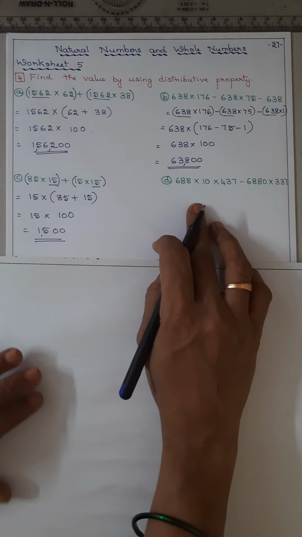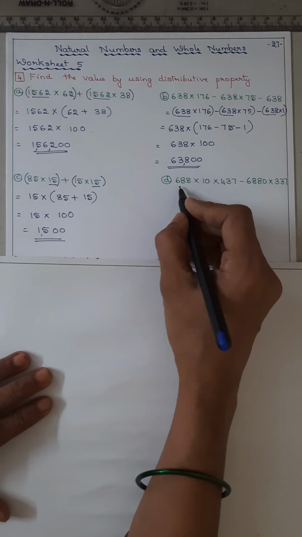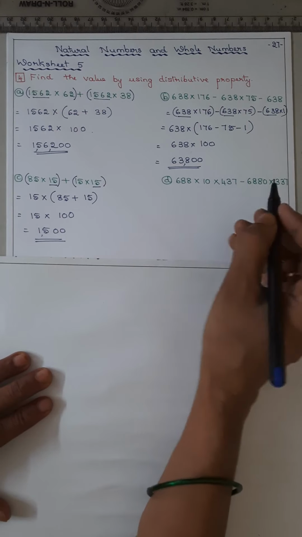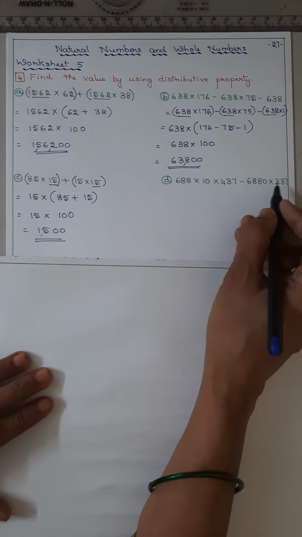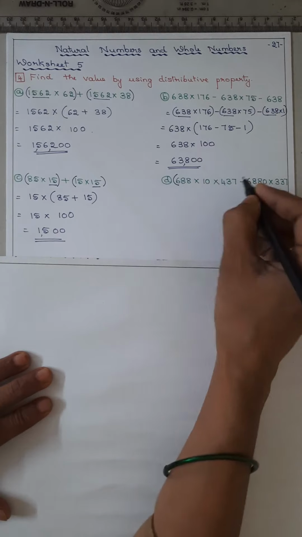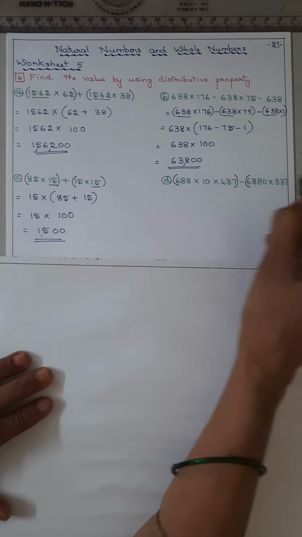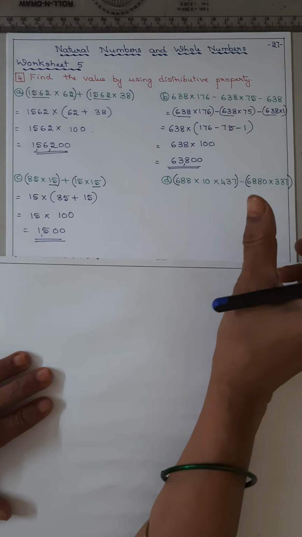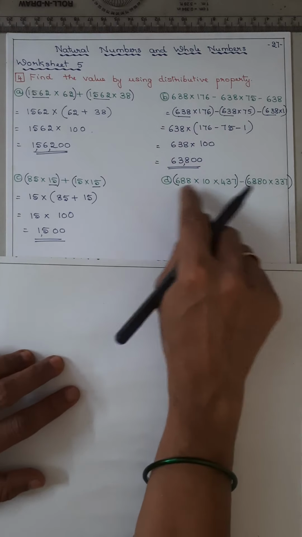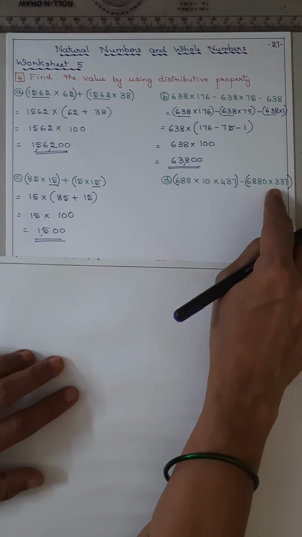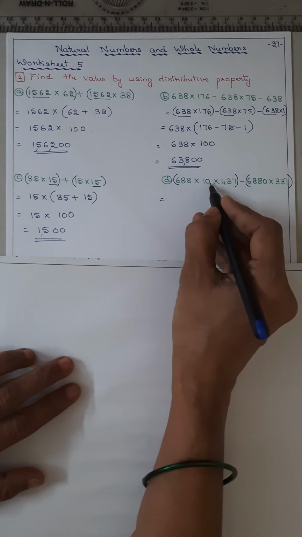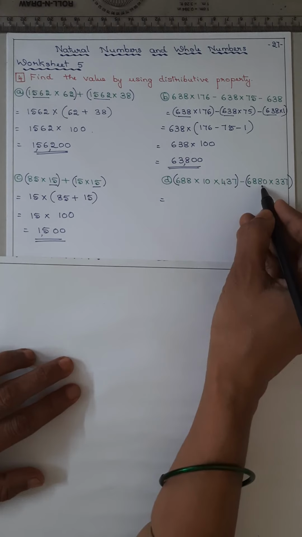Next, 688 into 10 into 437 minus 6880 into 337. So first put the bracket. into के जो ग्रुप में है उनको एक ब्रैकेट में डालो. अभी इधर कॉमन कुछ भी नहीं है, but numbers देखोगे तो 688 into 10 is 6880.